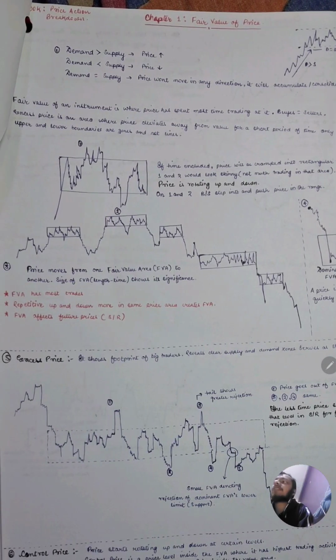First let me discuss the types of traders. There are two types of traders in the market: short term traders and long term traders. Short term traders are retail people like us, individual people who don't see the bigger picture.